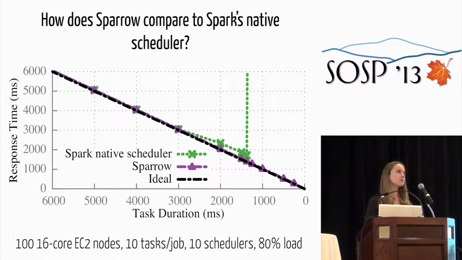And indeed, Sparrow, which here is using 10 schedulers, follows that ideal line perfectly. Spark, on the other hand, hits this bottleneck once tasks cross about 1,300 milliseconds, where jobs are being submitted much more quickly than the scheduler can keep up with. The scheduler starts experiencing infinite queuing, and job response times approach infinity. So Sparrow is necessary to support these lowest latency queries.